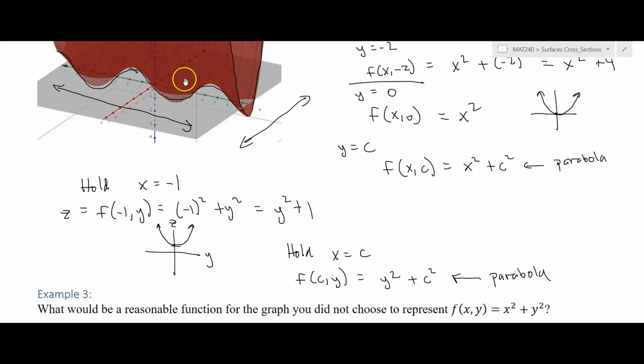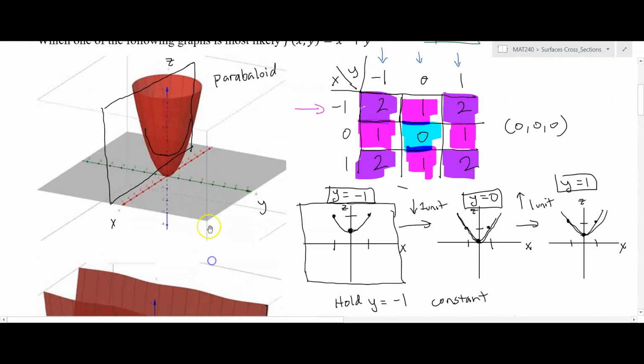So what this means is that regardless of whether I'm looking at holding, for instance, if I look at the graph going this way, if I were to rotate this graph so that that line is parallel to the screen, then what I would see is these parabolic cross sections going this way. And if I were to look at the graph dead on, looking down the y-axis this way, what I would see is a parabolic graph as well.